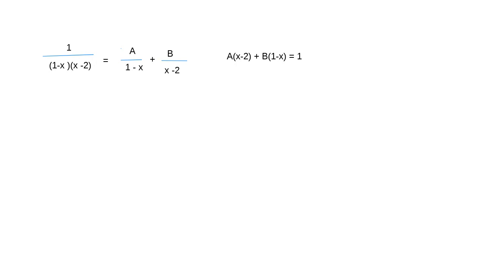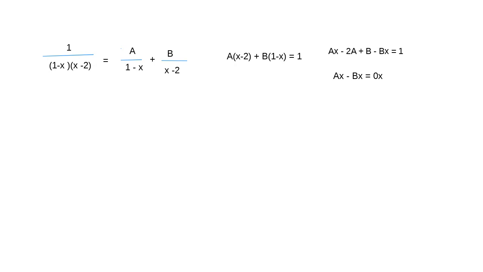So then we have Ax minus 2A plus B minus Bx equals 1. Right? For the x term, we have Ax minus Bx, so A minus B. The right-hand side doesn't have an x term, which means we have 0x.